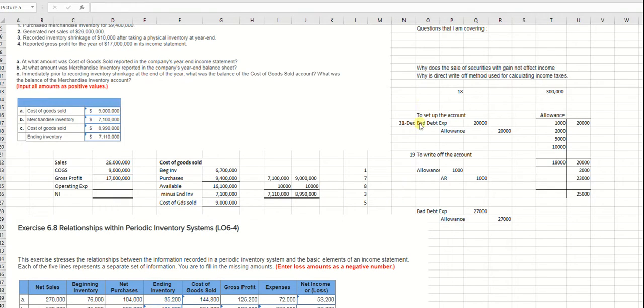And the last question is a good question here. Why is the direct write-off method used for calculating income tax? And the reason that is really that is because the IRS says so.